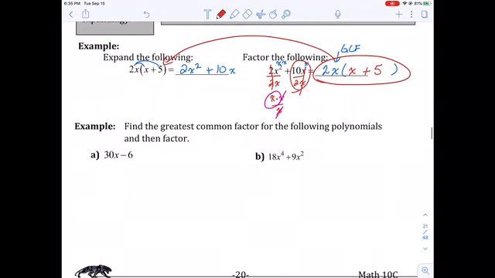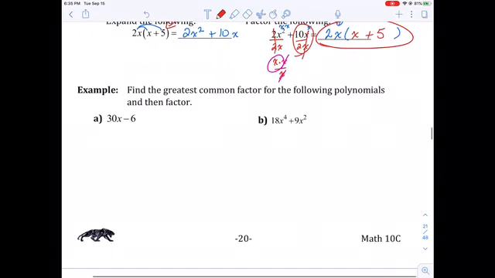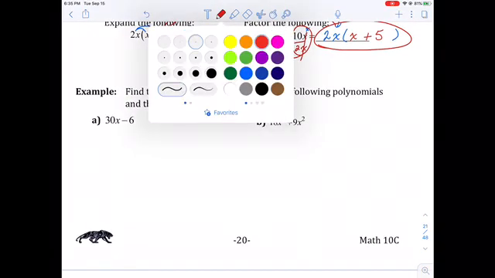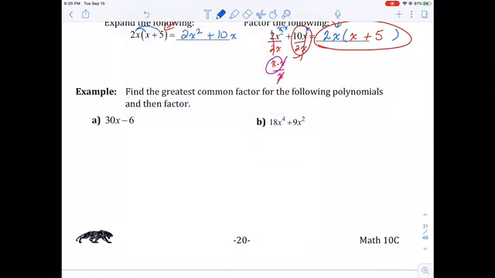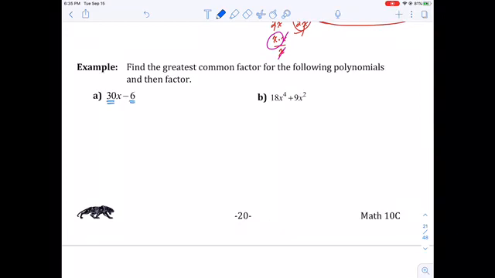So let's do a few examples together before I give you a chance to try a few on your own. So if I look at the first example here, it says 30x minus 6. I'm going to look at my numbers separate from my letters. What is common to both 30 and 6? My common factor would be 6 because 6 goes into 30 and 6 goes into 6.